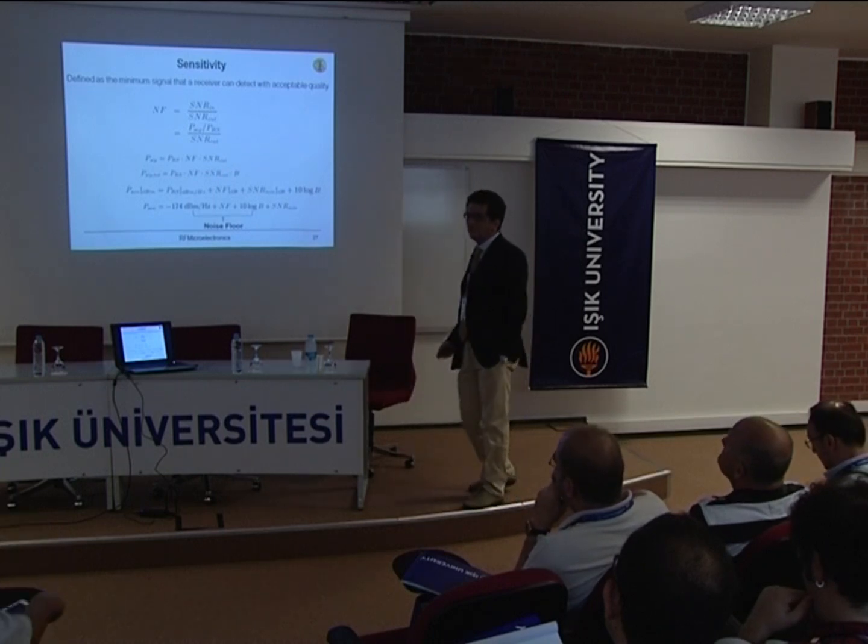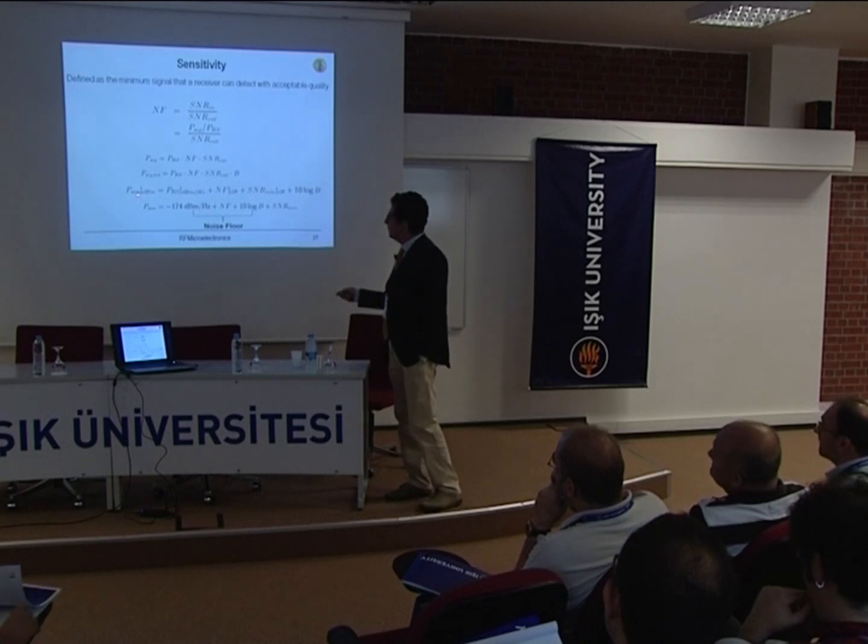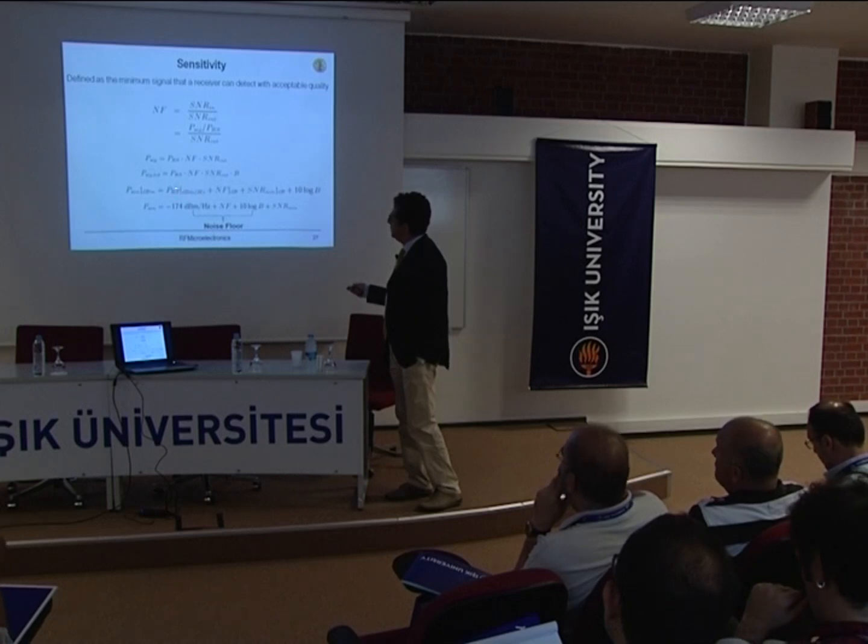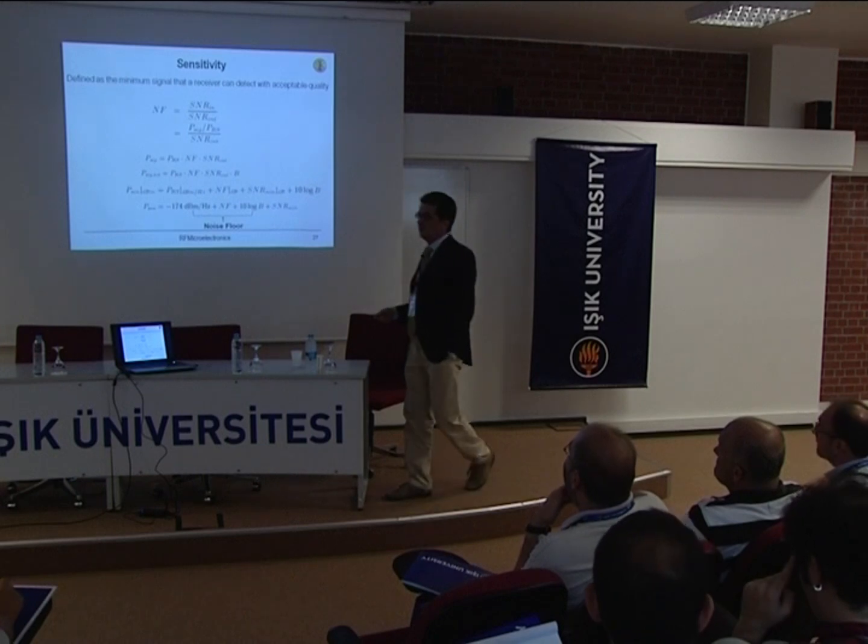So written in dB means that the input power is equal to the power spectral density of resistor RS plus the noise figure plus the minimum signal to noise ratio plus 10 log of the bandwidth.